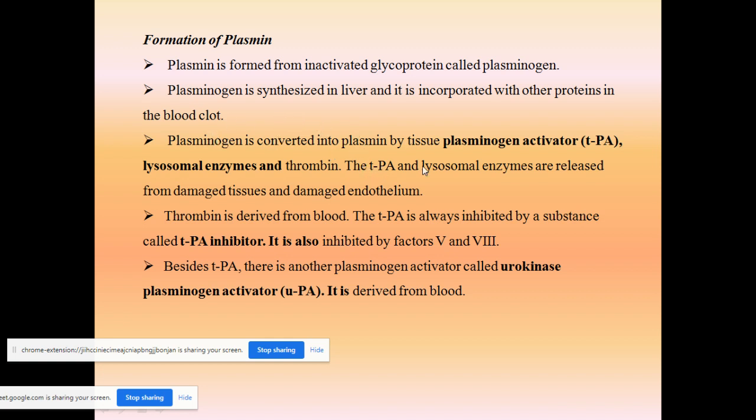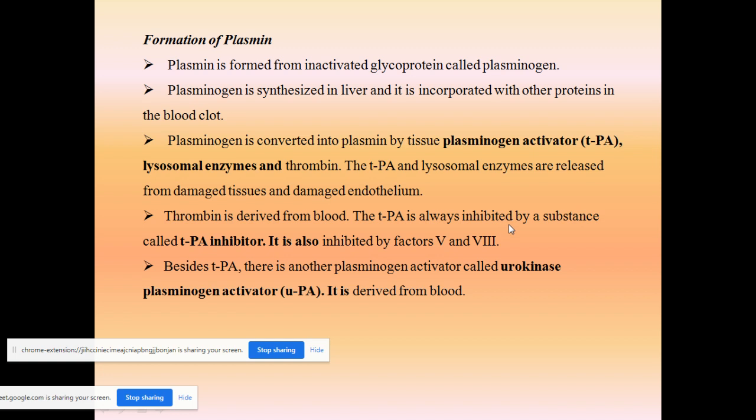The TPA and lysosomal enzymes are released only when there is damaged tissue and damaged endothelium. Where does thrombin come from? We saw that in the second stage: thrombin comes from prothrombin. So thrombin is derived from the blood.